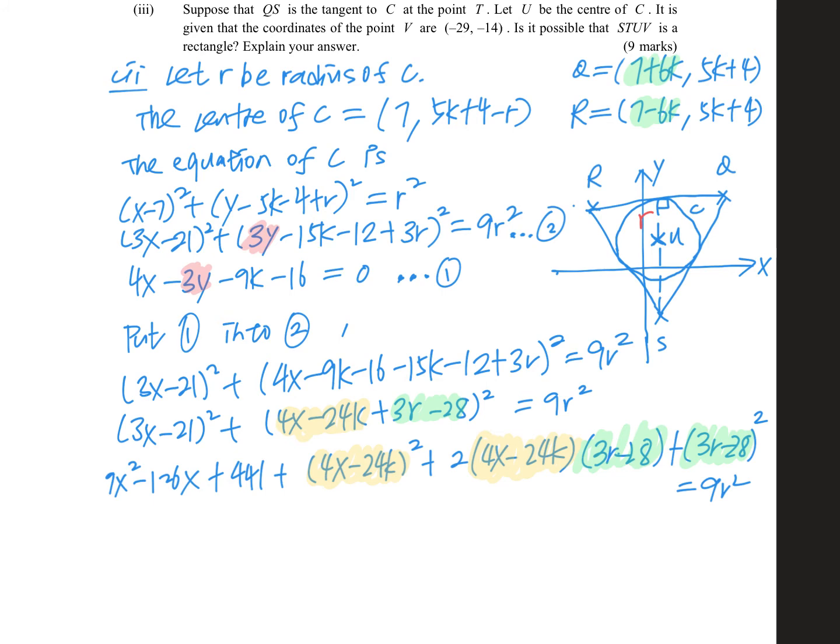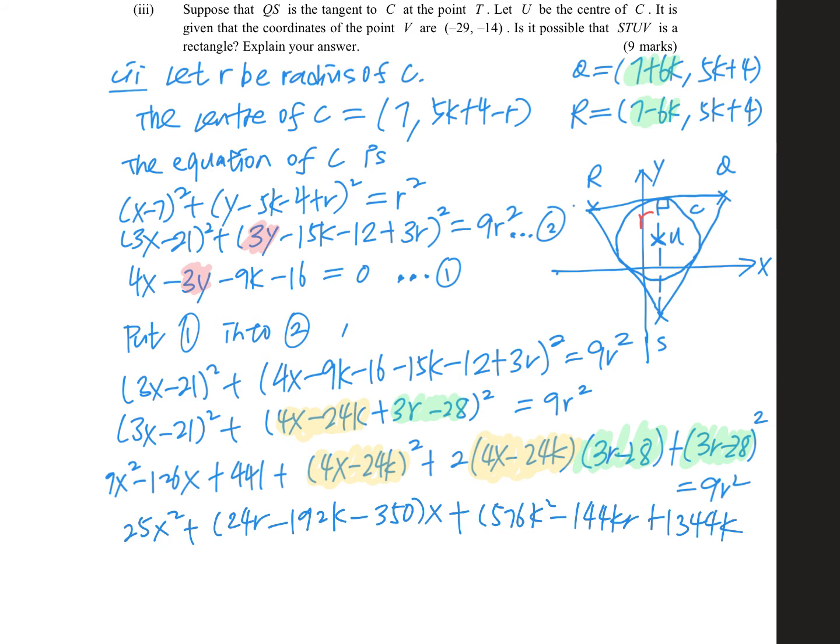So at the end, we get an equation: 25x squared, and then plus 24k x, minus 192k, and then minus 350x, and then plus 576k squared, minus 144k x, and then plus 1344k, and then plus 1025.